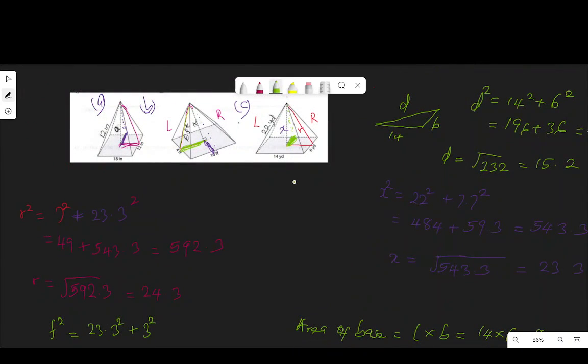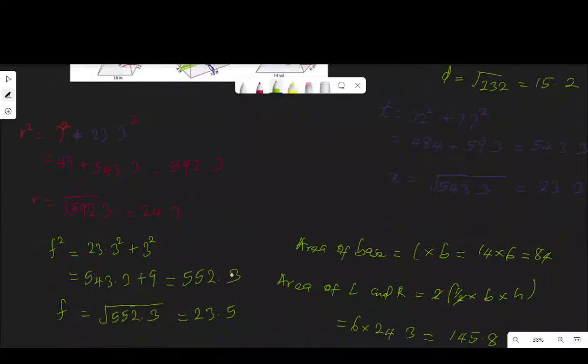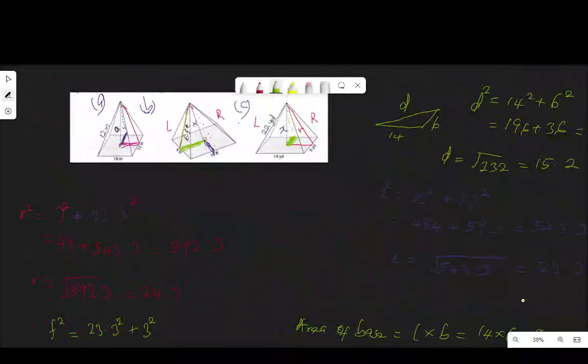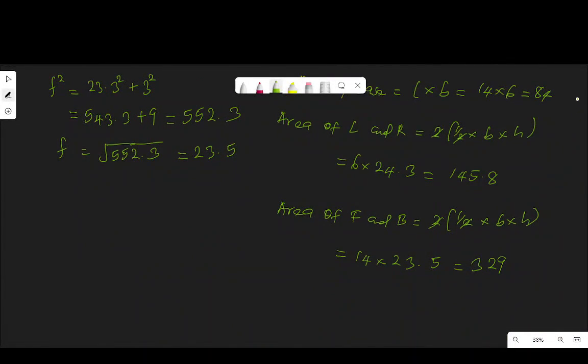The height, we calculated it to be F here, 23.5. So 14 times 23.5 is 329. What was their unit? Yard square.